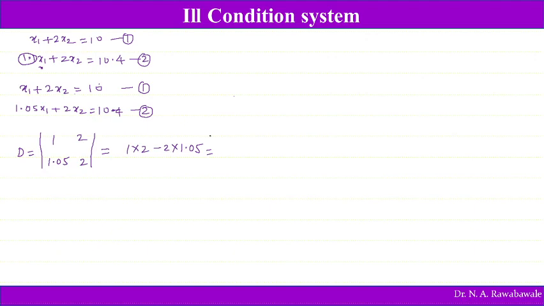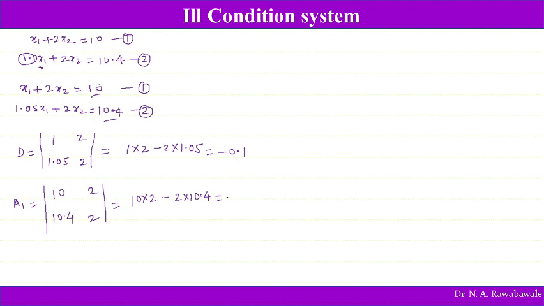So this becomes 2 minus 2 into 1.05, which is minus 0.1. Whereas determinant A1, if we calculate, now first column is from the constants 10, 10.4, and second column remains as it is, 2. Then determinant A1 is equal to 10 into 2 minus 2 into 10.4. So this is 20 minus 2 into 10.4.